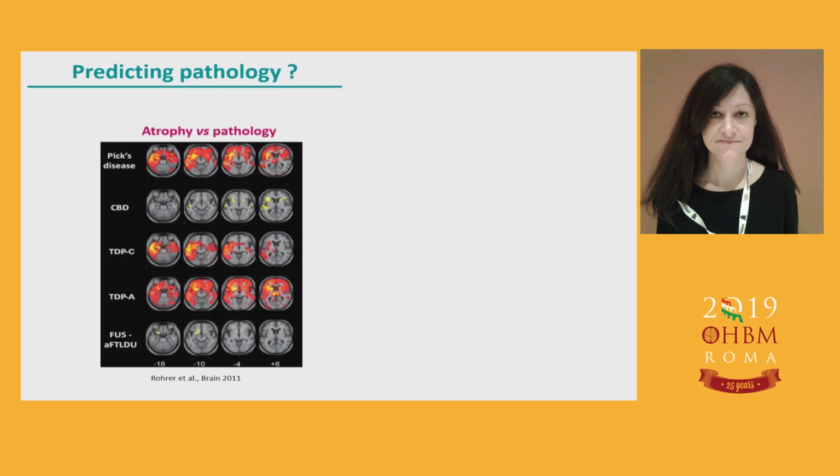Here is an example in the frontotemporal dementia spectrum. We now know that different pathologies within this spectrum can be associated with different patterns of atrophy. And using a standard VBM approach, you can try to guess which is the underlying pathology in your patient.